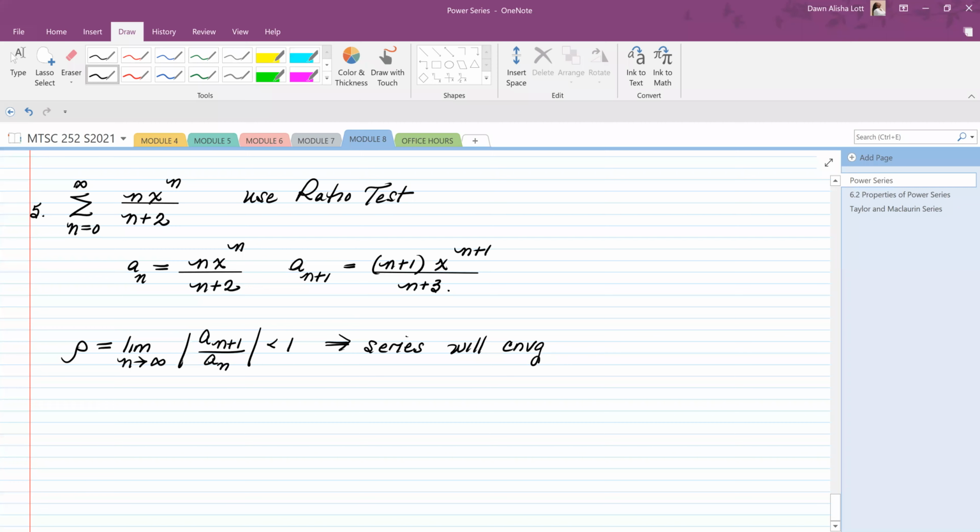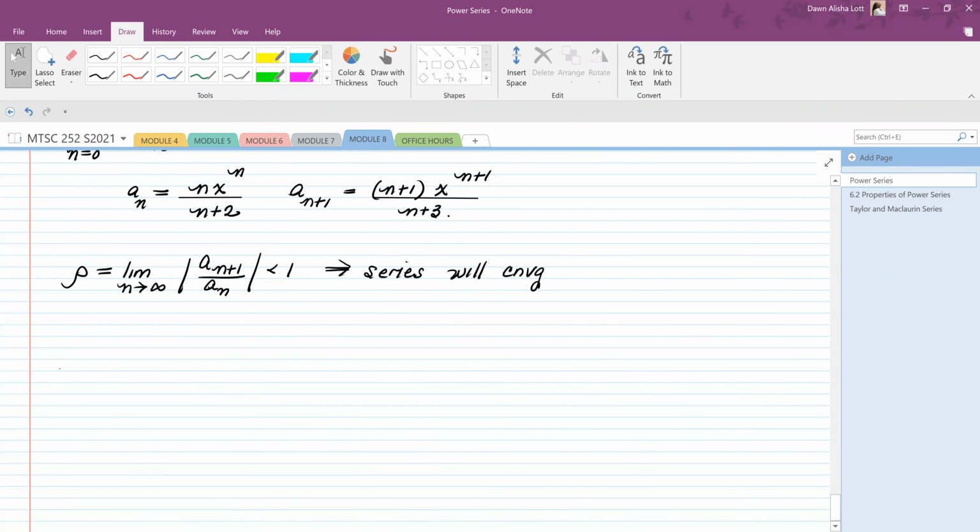So I'm going to compute rho equal to the limit as n approaches infinity of the absolute value of n plus 1, x to the n plus 1 divided by n plus 3. When I divide by a sub n, since it is a fraction, I'm going to multiply by the reciprocal, so I get n plus 2 over n x to the n.